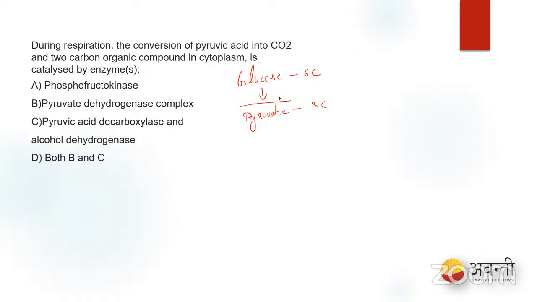Some of the complexes involved: first is pyruvate dehydrogenase complex, where the 3 carbon atom pyruvate is reduced. Next you have pyruvic acid decarboxylase and alcohol dehydrogenase. These are another set of enzymes which reduce our pyruvic acid into carbon dioxide, thereby producing ATP molecules. So our option is both B and C.